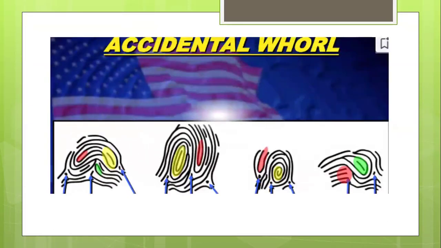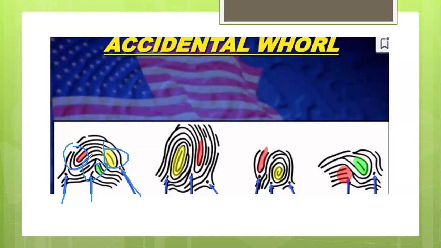Okay? Accidental whorl. A combination of two loop patterns. Here we have delta, delta, and delta. This is a loop pattern, and this one is a loop pattern.